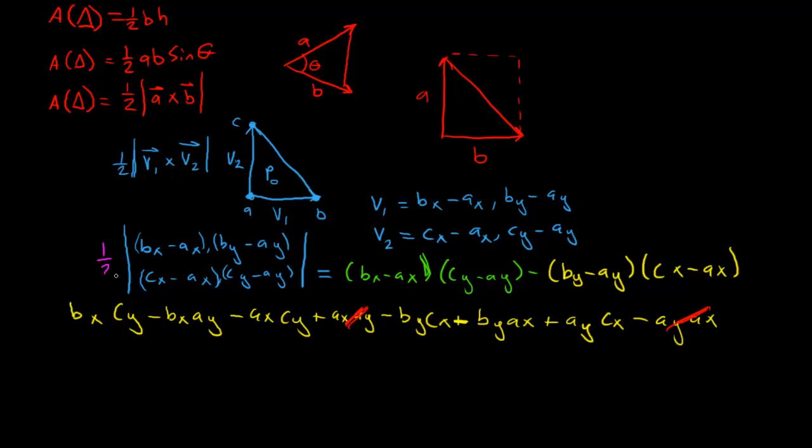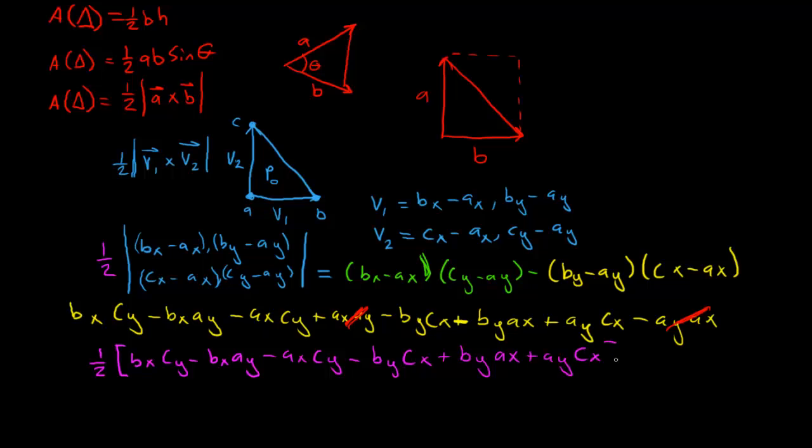There should have been a 1/2 here, and then some sort of 1/2 in this one too, and then here. But we'll write it down here just because I was being clever and I purposely left it out to not get people distracted. So we'll do 1/2 times bx cy minus bx ay minus ax cy minus by cx plus by ax plus ay cx.